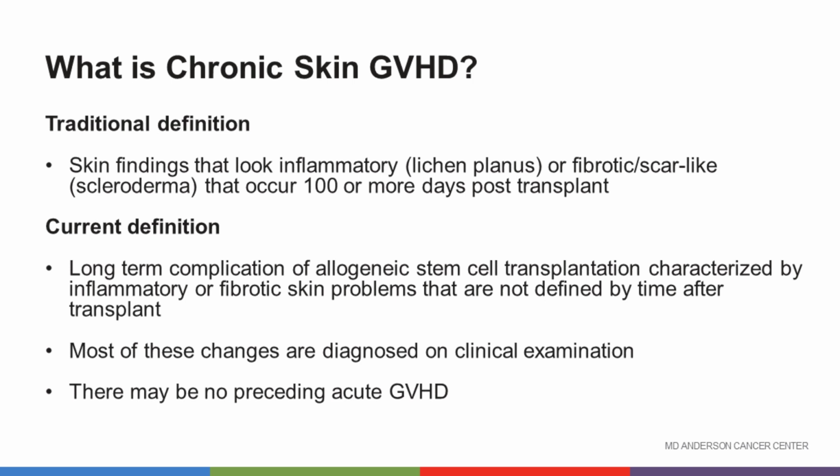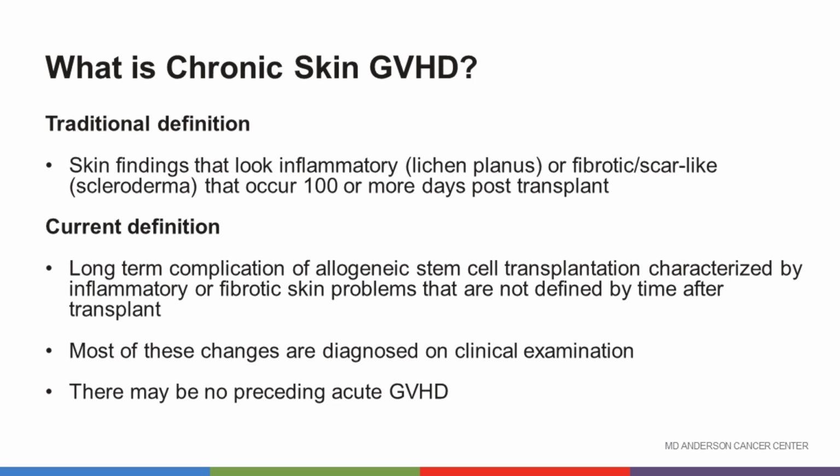So what is skin graft-versus-host disease? The traditional definition of skin graft-versus-host disease refers to skin findings that look inflammatory, and by inflammatory, I'm referring to the process by which immune cells interact with the skin and create skin lesions or create redness, or they can be fibrotic or scar-like.